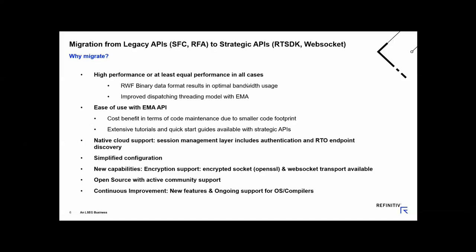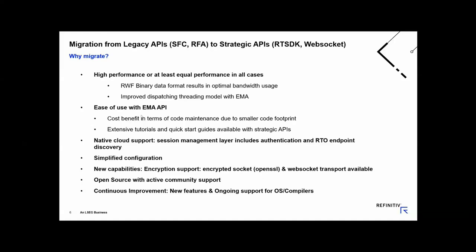We now provide a user dispatch as well as an API dispatch. So the dispatching is handled for you by the strategic API. And a direct result is that you're doing less within the application, and it's much more efficiently handled in terms of reading and writing to the network.